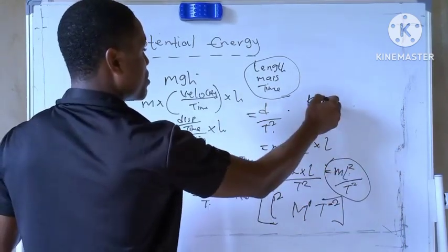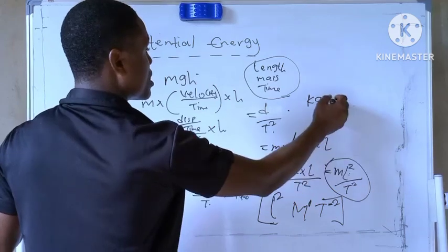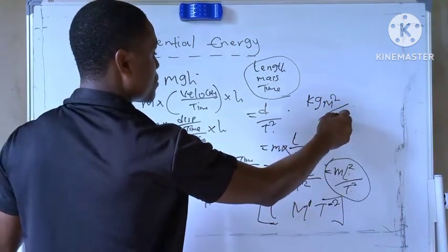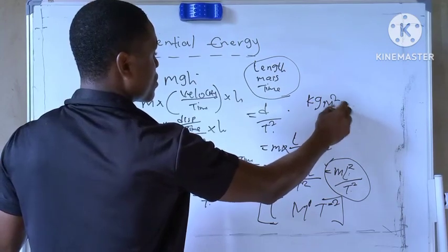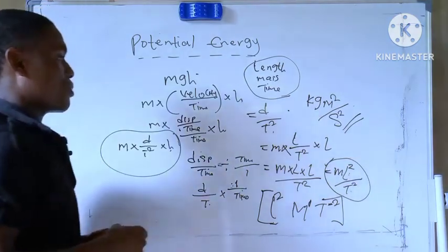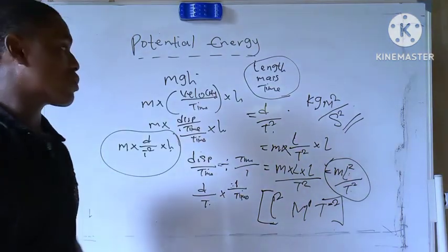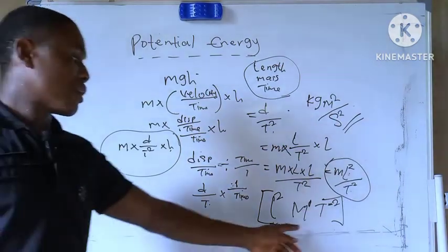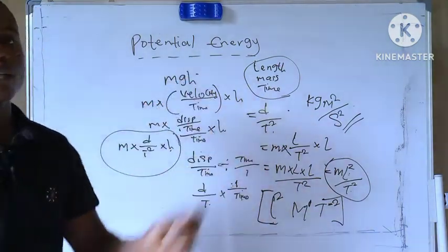Unit of length is meter. Square is here, so you write the square. The unit of time is second. You write it raised to power 2, or s square. So this is the unit of potential energy, and this is the dimension of potential energy.